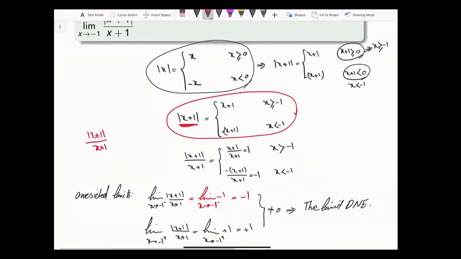The first piece is this one, I divided by x plus 1. The second piece, which is negative x minus 1, I divided by x plus 1. And as a result, what we get is 1 as x is bigger than negative 1, and negative 1 as x is less than negative 1. Does that make sense?